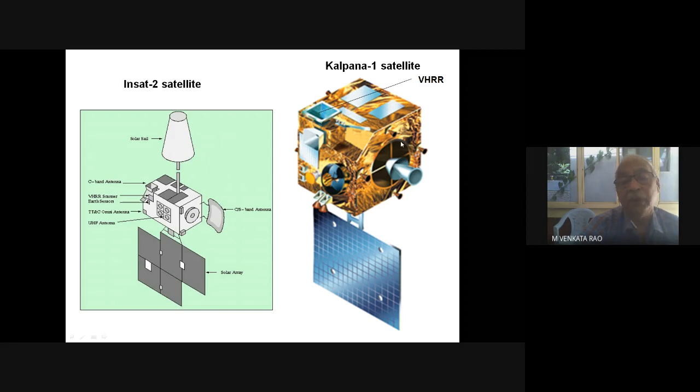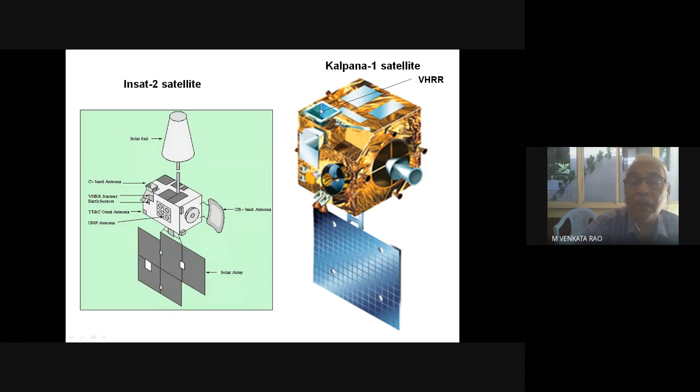Subsequently, we thought we would decouple communication payloads and meteorological payloads. So one satellite, called Kalpana, is named after Kalpana Chawla, who died in the Columbia accident. So in her name this satellite is made. This is purely a meteorological satellite.